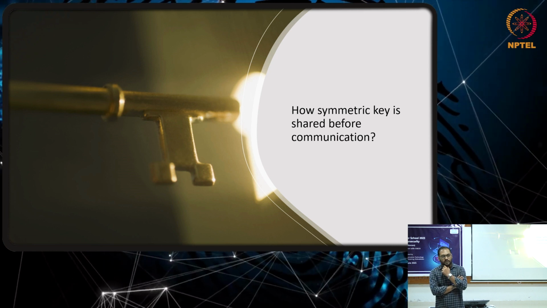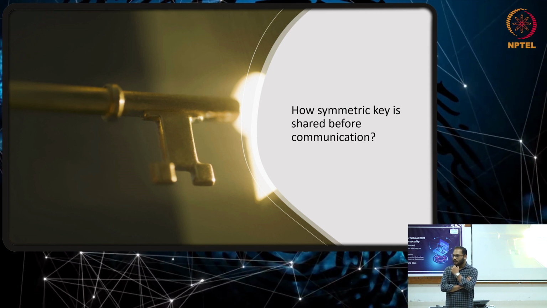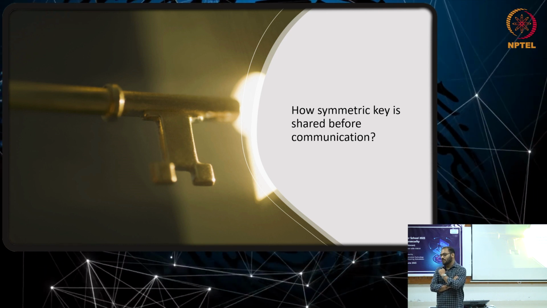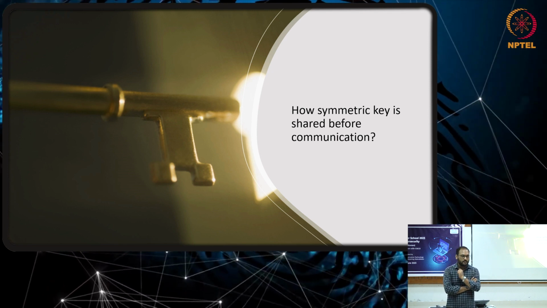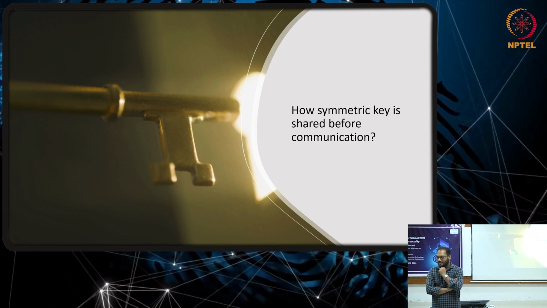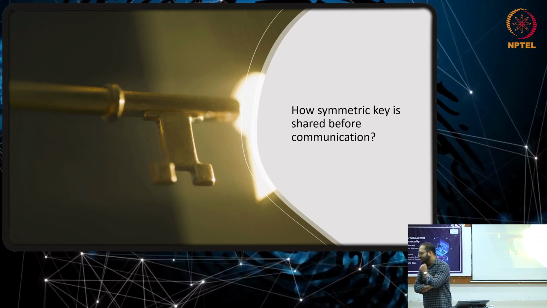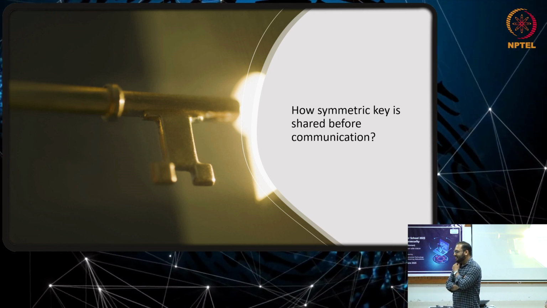Let's say I want to encrypt one mail and send it to a friend in the US. How will my friend know what symmetric key I used? How will he decrypt it? Should I call and tell him this is my key? How to share? That's the question.